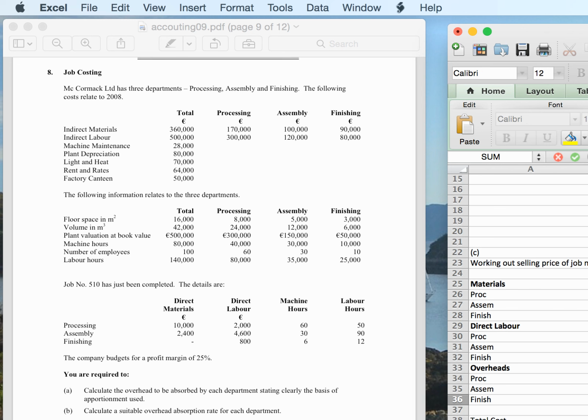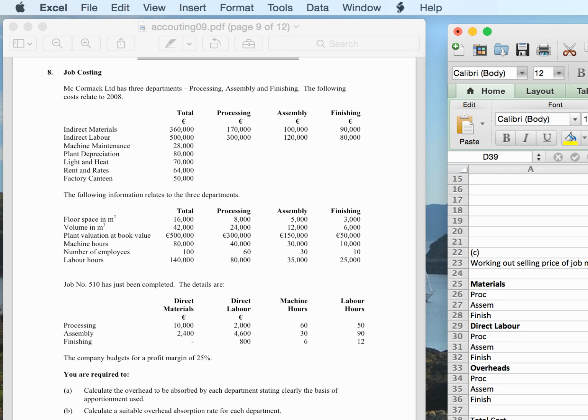So the overhead absorption rate multiplied by 6 hours. So there's a total figure. So these three are the share of the overheads of each department apportioned to this particular job. So the total cost is going to be adding up all three of these, so that will be materials, labour and overheads. That's the total cost of the job, 20,000, okay?